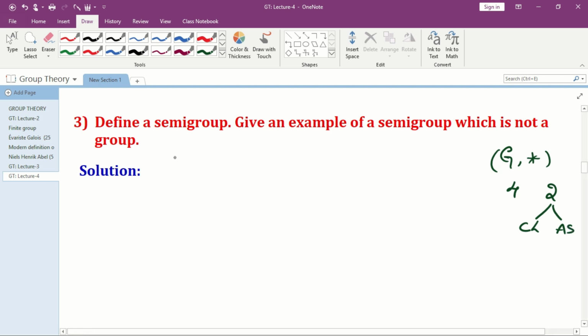Therefore we shall define a semigroup as a non-empty set. Don't start with a group (G, star).